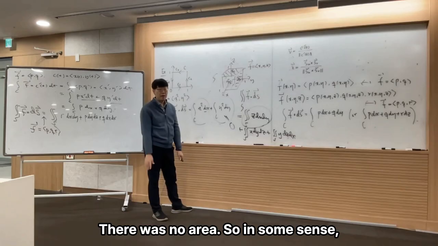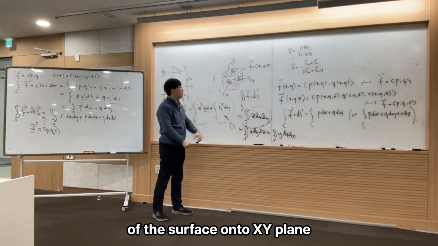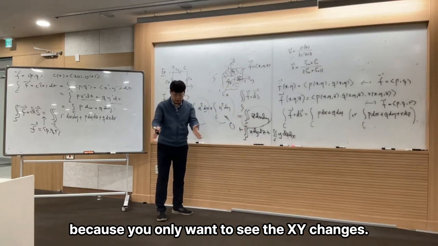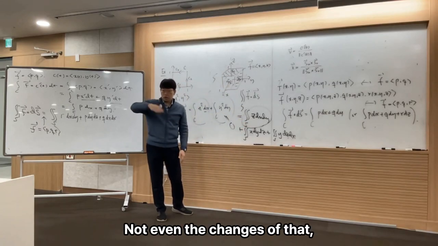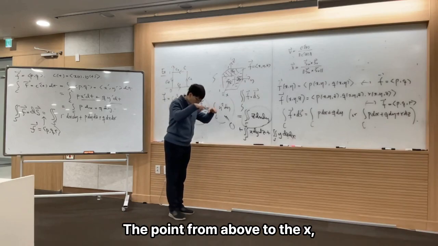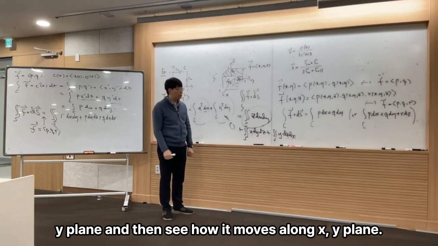There was no area. So in some sense, you're looking at the projection image of this surface onto the xy plane, because you only want to see the xy changes, not even the changes of z. We don't care about the changes of z. You're looking at the points from above onto the xy plane and seeing how it moves along the xy plane.